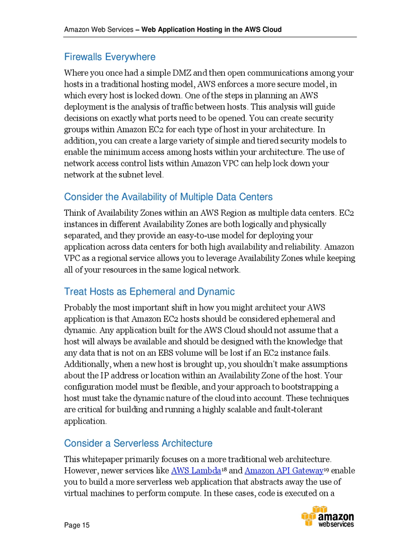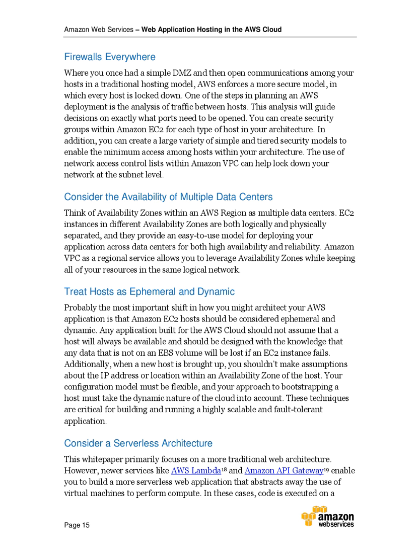Treat hosts as ephemeral and dynamic. Probably the most important shift in how you might architect your AWS application is that Amazon EC2 hosts should be considered ephemeral and dynamic. Any application built for the AWS cloud should not assume that a host will always be available and should be designed with the knowledge that any data that is not on an EBS volume will be lost if an EC2 instance fails.